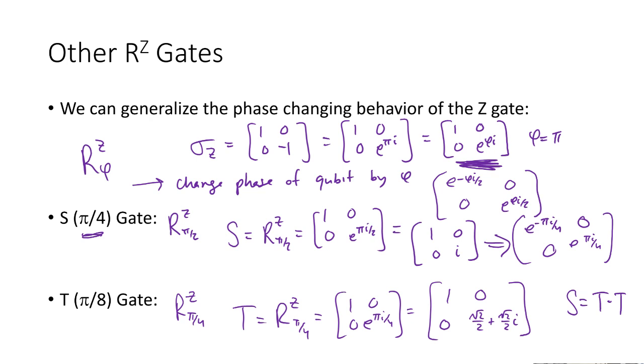I could also write this matrix a little bit differently, and sometimes you'll see it written that way. I could multiply my matrix by e^(-phi i / 2), and I'll end up with the matrix [e^(-phi i / 2), 0; 0, e^(phi i / 2)].